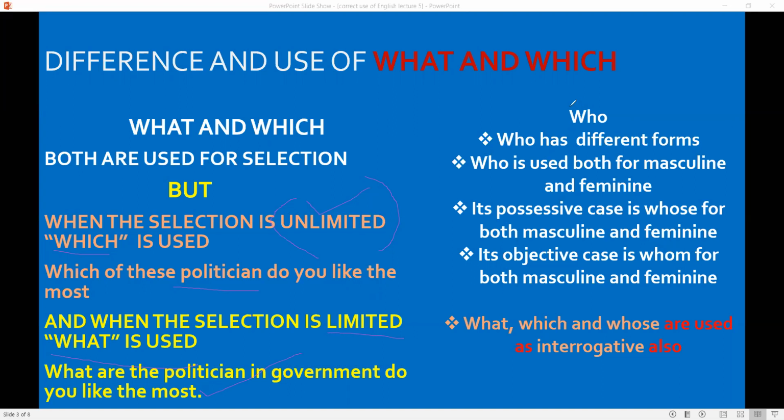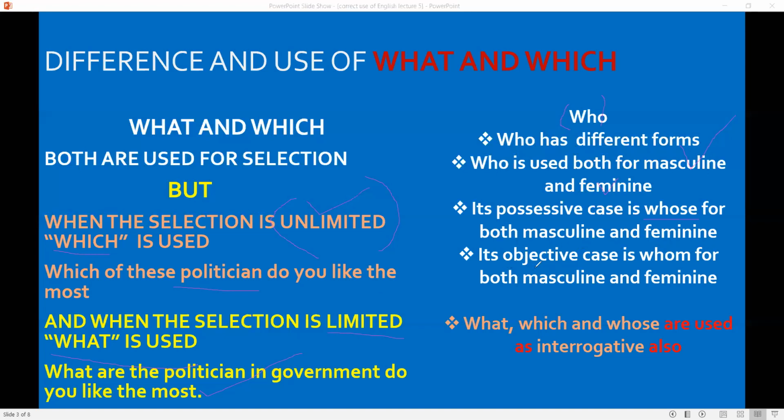Now we see who has different forms. Who is used both for masculine and feminine. Its possessive case is whose. When you want to show possession over something, whose is used, both for masculine and feminine.